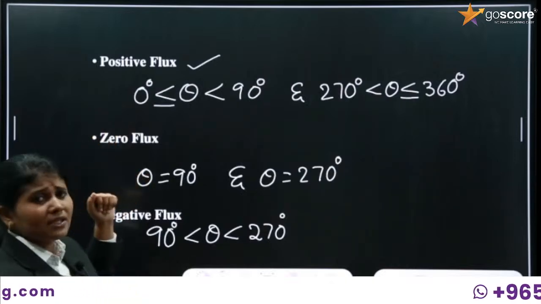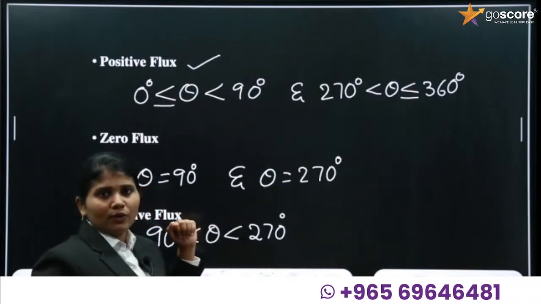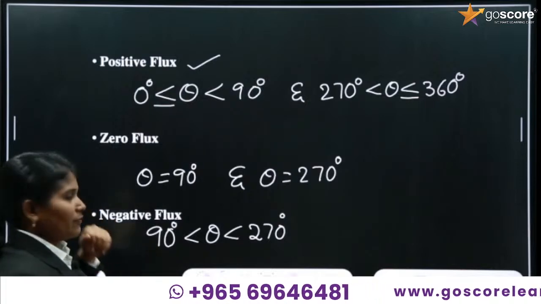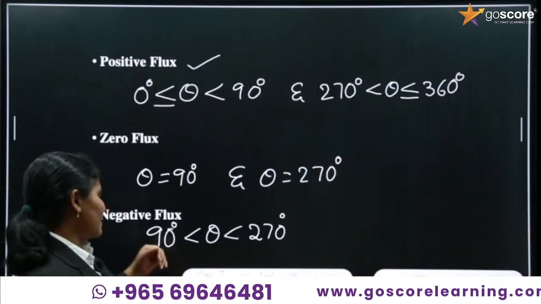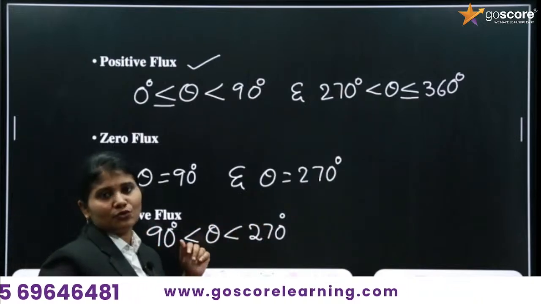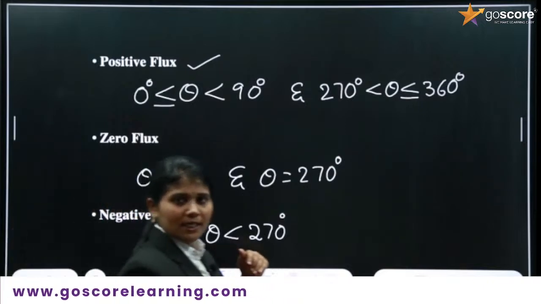Theta equal to 90 degrees or 270 degrees, zero flux. Theta greater than 90 degrees and less than 270 degrees, negative flux. Then you understand guys? Okay.